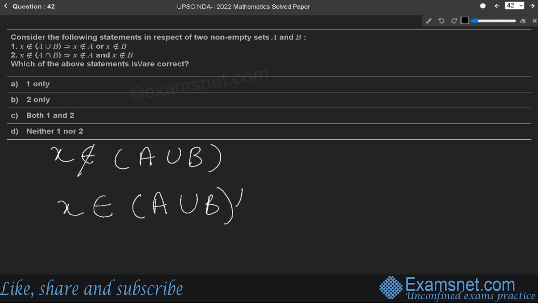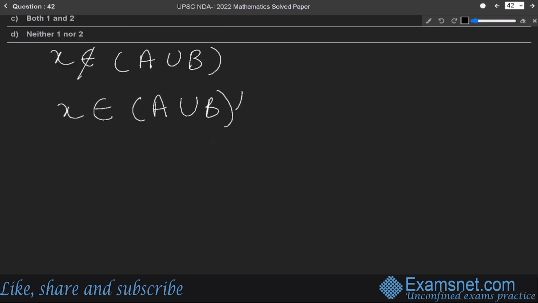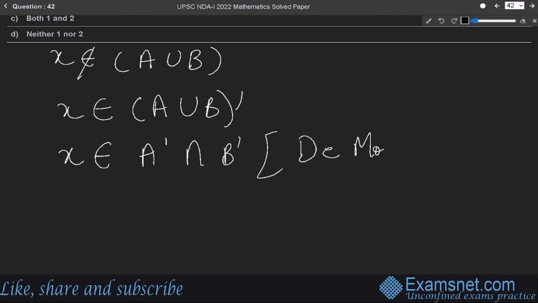If any element does not belong to the union, then it belongs to (A union B) complement. So we know that (A union B) complement is equal to A complement intersection B complement by De Morgan's law. So we can write x belongs to A complement intersection B complement by De Morgan's law.